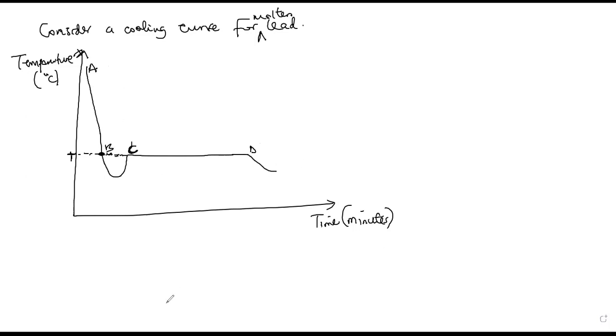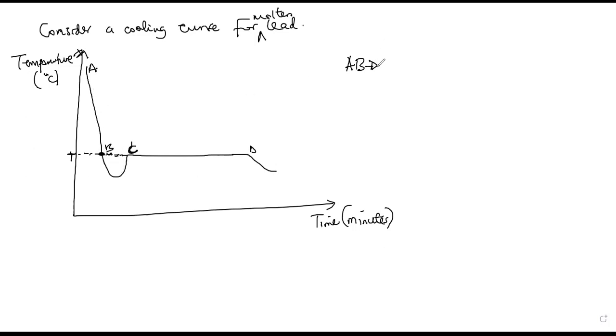So if I consider this cooling curve for molten lead, along AB, you can see that molten lead is cooling as temperature decreases steadily. Temperature is dropping, and therefore molten lead is also cooling.